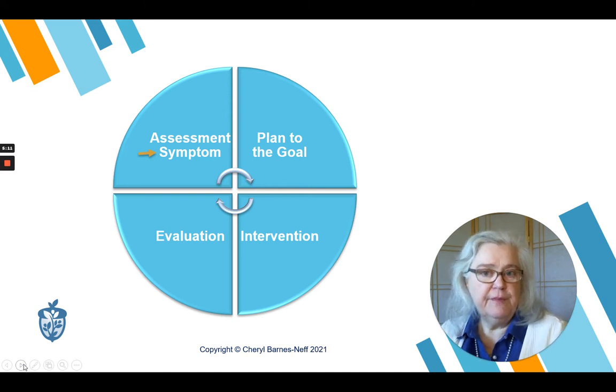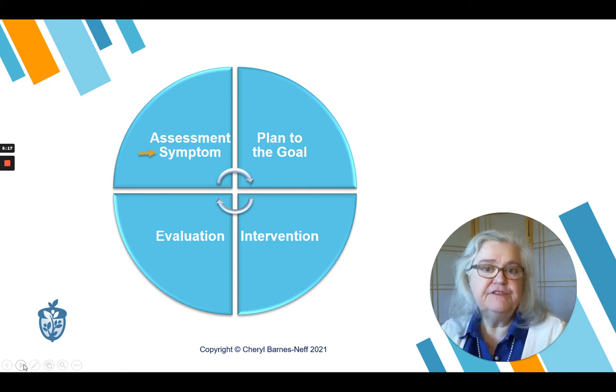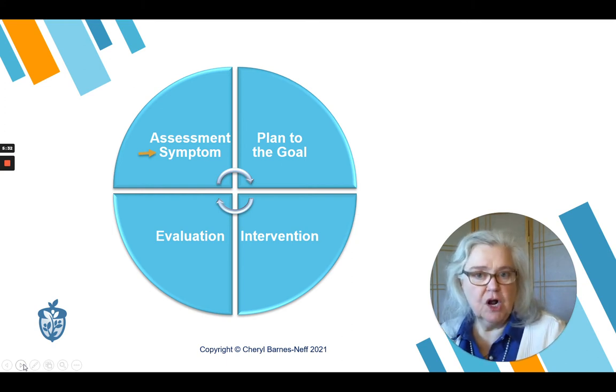So far better would be an intervention of, I'm going to get on my exercise bike and ride it for 15 minutes every day. I'm going to buy a diet book and I'm going to follow the plan for the next 2 weeks. Then I'll weigh myself, our evaluation, and see, did the plan work?